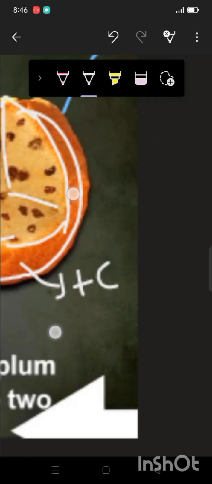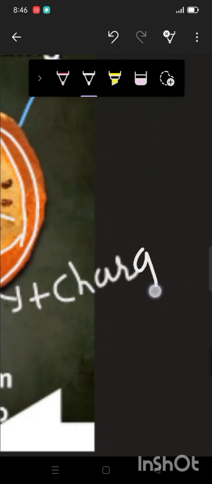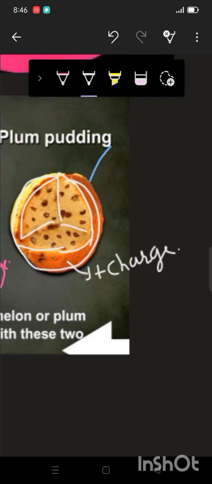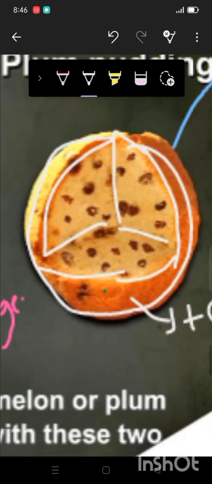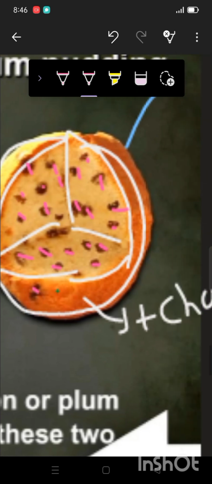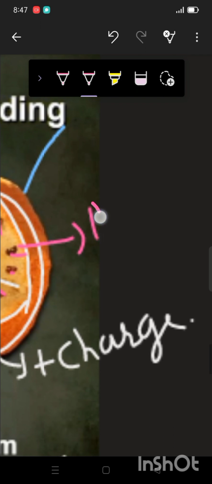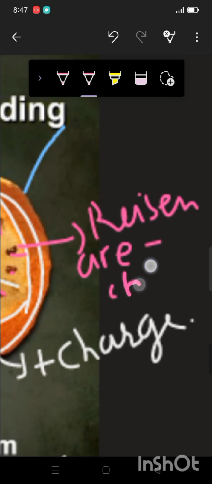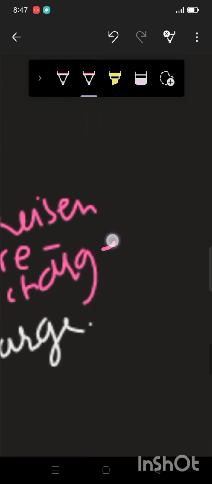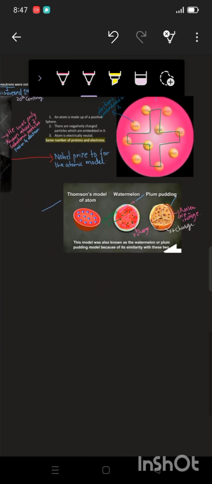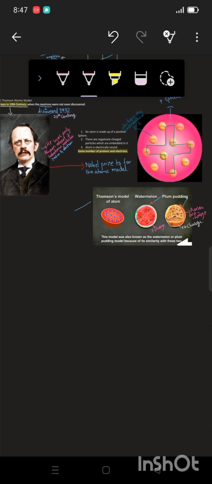The raisins embedded in this milk he said are electrons, as electrons are embedded in the positive sphere. These raisins are negative charge, which means electrons, embedded in it.